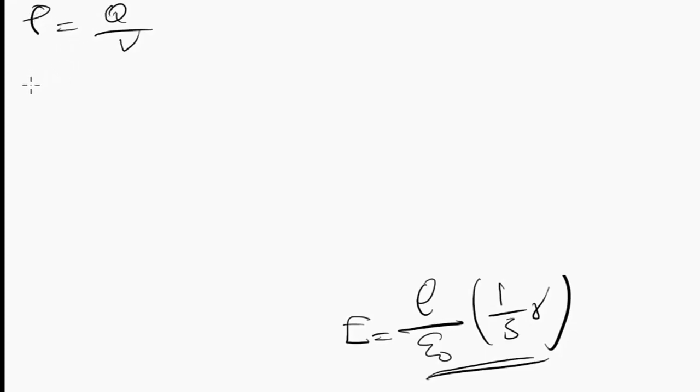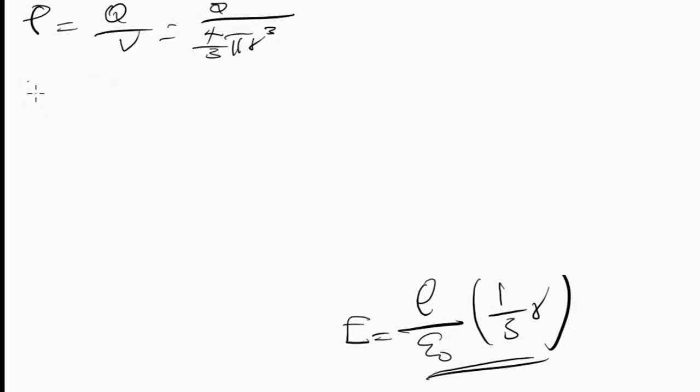Since rho is Q over V, and the volume, as you can remember, is 4 over 3 pi r cubed, this is Q over 4 over 3 pi r cubed, right?